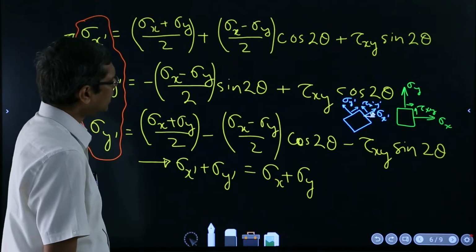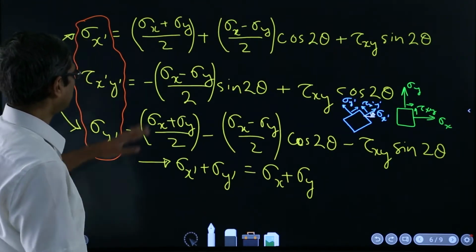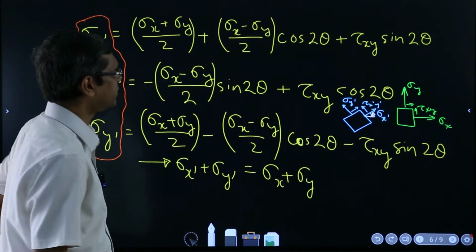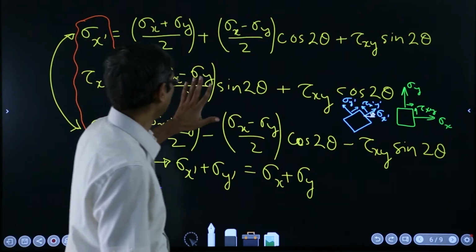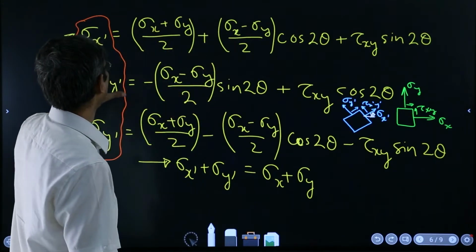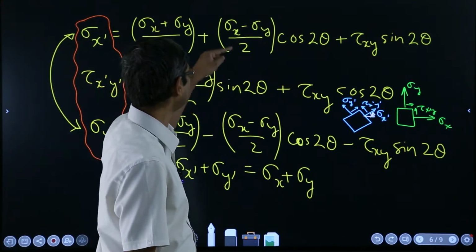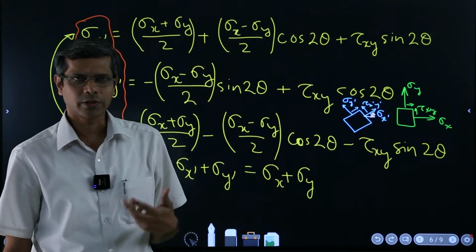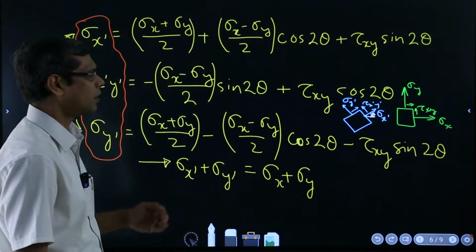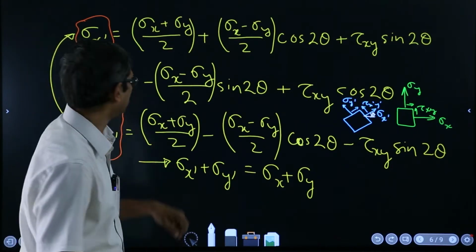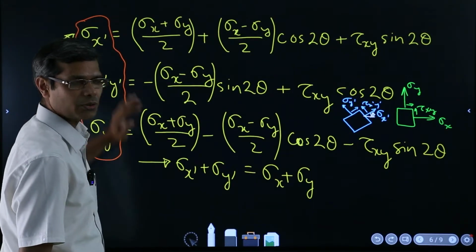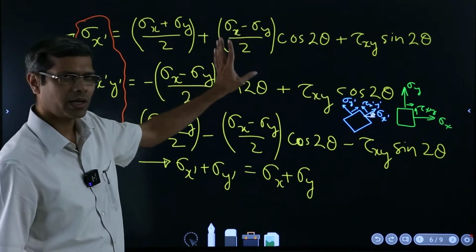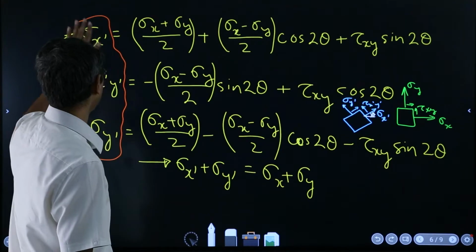Now, just imagine that in these two equations, this theta is a kind of parameter which expresses these two values. Is it possible by some means to eliminate this theta so that we can get a relationship between them?